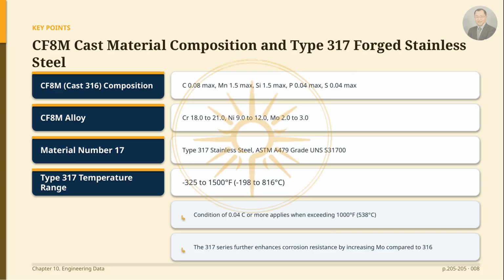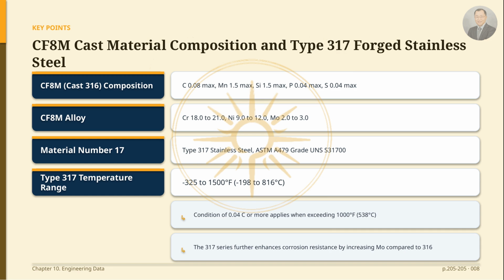The composition of CF8M, which is cast type 316, is 0.08% carbon max, 1.5% manganese max, 1.5% silicon max, and 0.04% max for both phosphorus and sulfur.